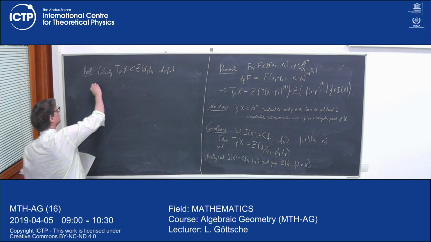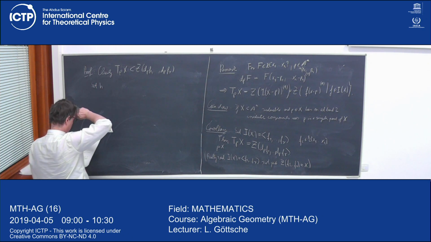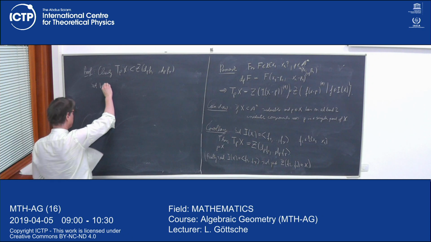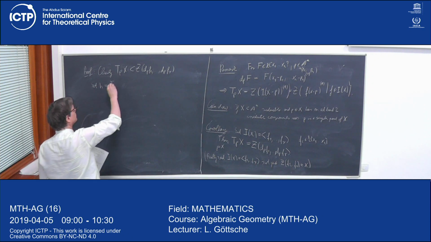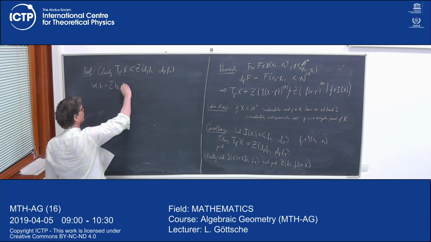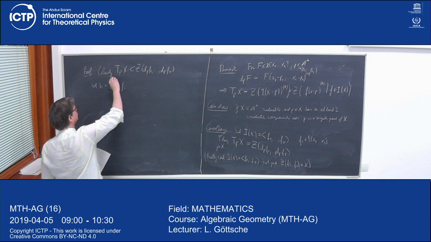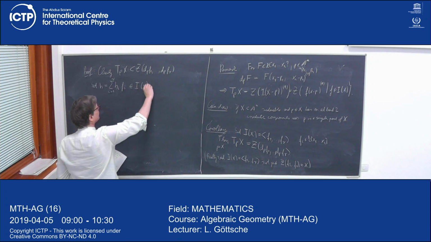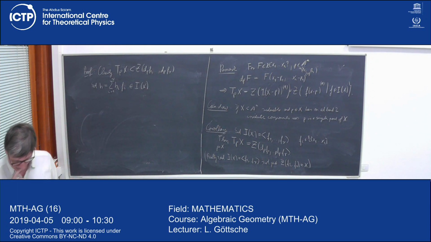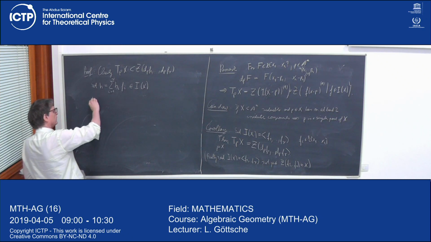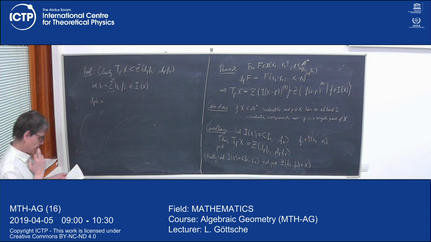So let H be an element in the ideal of X, so we can write it as the sum of Hi Fi, with Fi in the ideal of X. Then what is dpH? We can apply the Leibniz rule.